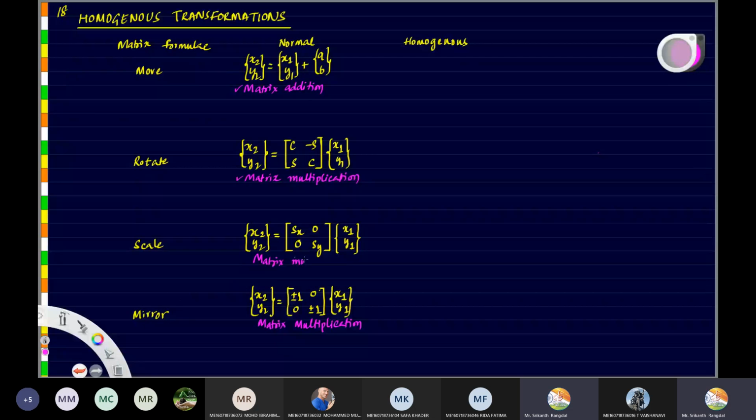Matrix multiplication, isn't it? This is non-uniform scaling, right? But if we have to do uniform scaling, for uniform scaling, what we have to do?